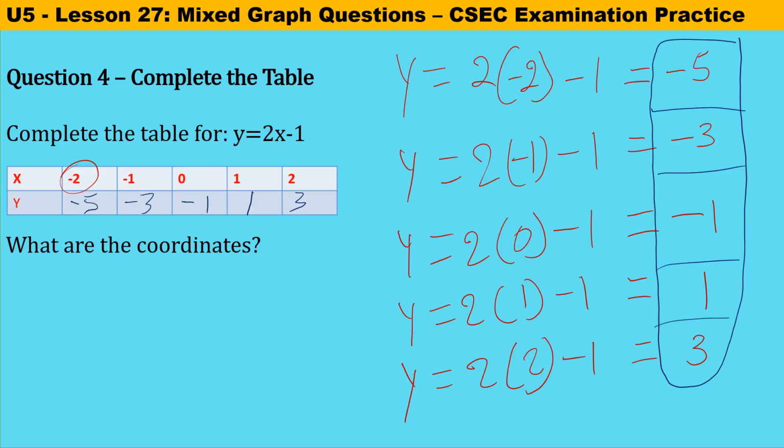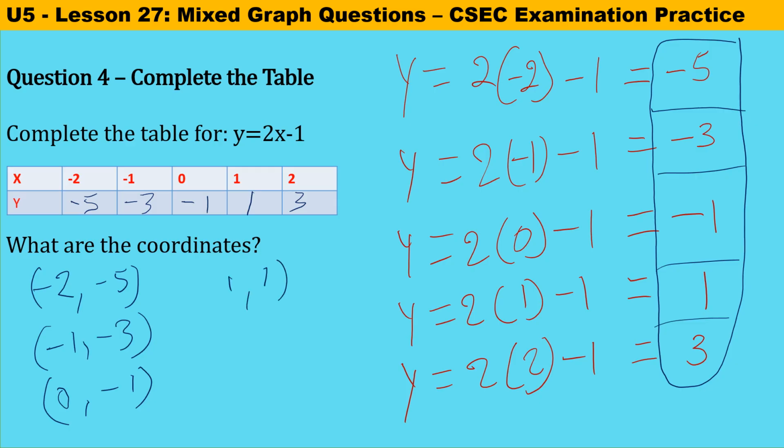So your coordinates would be (-2, -5), (-1, -3), (0, -1), (1, 1), and (2, 3). Those are your coordinates, and if you are plotting your graph, these are the points that you would find on your graph to draw your straight line.